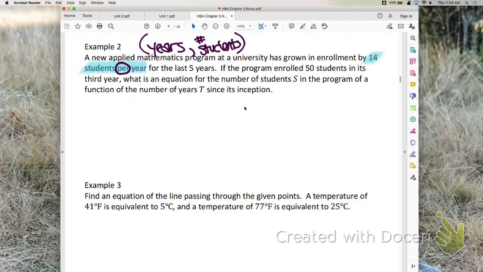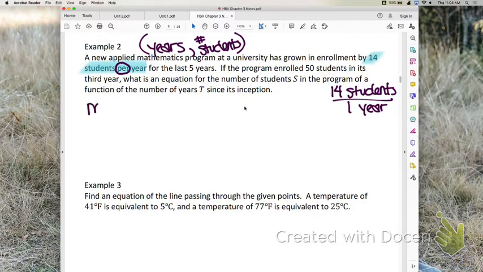So how I could technically write that is 14 students in 1 year. Now, why I write it that way is because I want you to think in terms of slope. Slope, the top of it is subtracting the y's, the bottom of it is subtracting the x's. That's what I'm seeing here when they write it as students per year. Students on top is the y's, years on bottom is the x's. That's my slope.